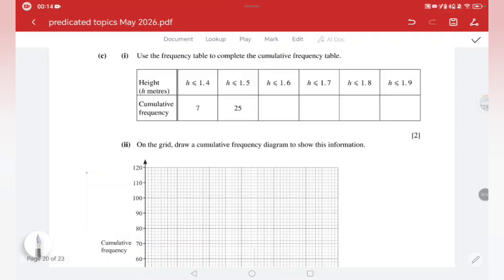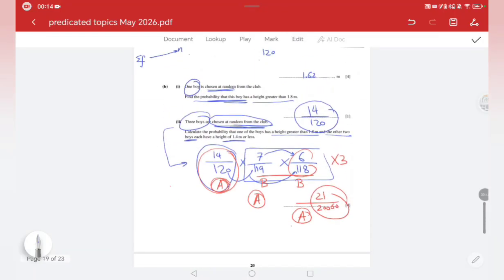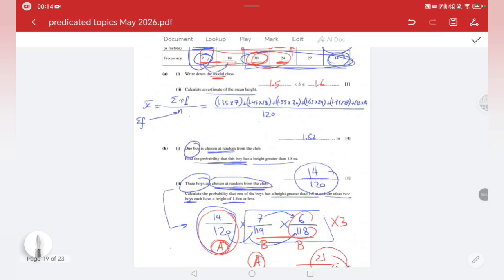Okay, use the frequency table to complete the cumulative. So you have to go back to the cumulative and look at the numbers. From the cumulative, the first one is usually the same. So if it's 7, the first one is 7. Then it's cumulative, so you have to add the next one. So 7 plus 18, this is 25.